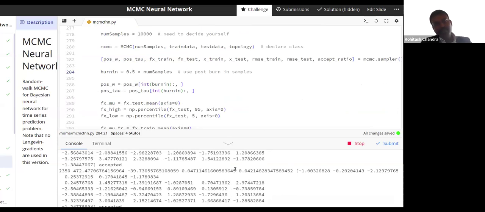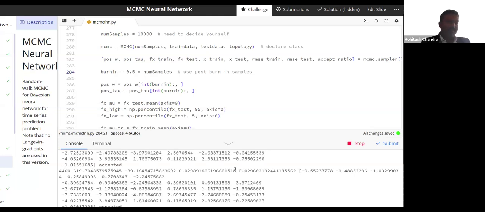So now when your burn-in is 0.5, if you're doing 10,000 samples, that essentially means the first half of your posterior is completely discarded, right?